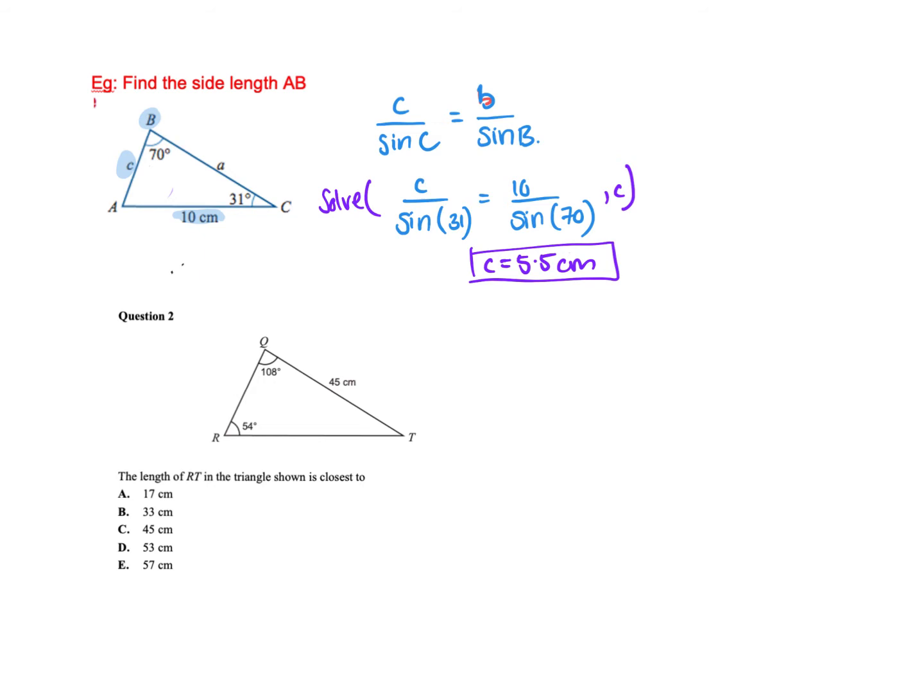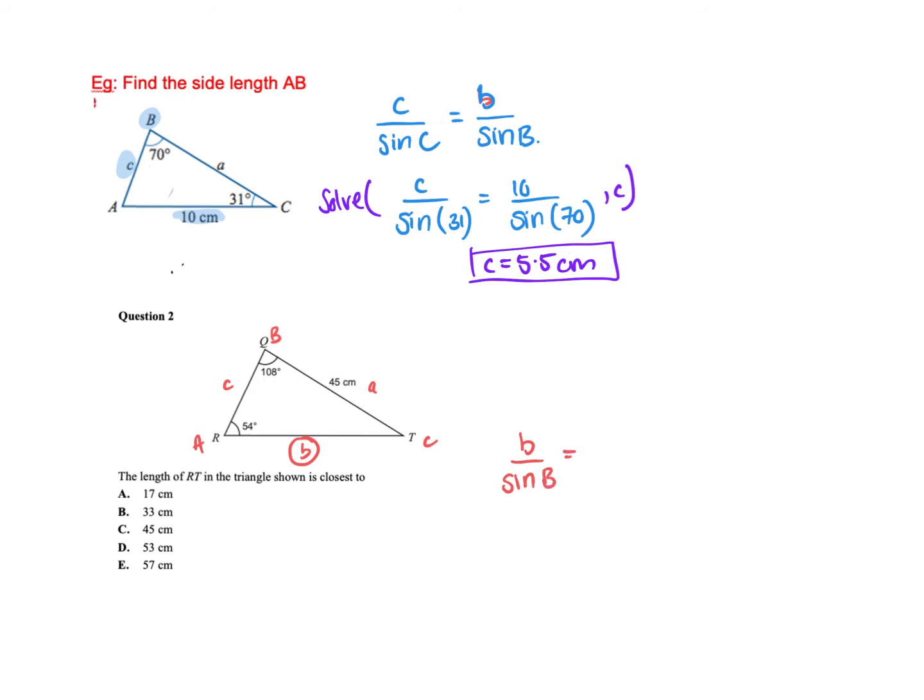All right, so if we go down to this next one, this one was an exam question. It says find the length RT. If you don't want to use the letters they've used and you want to use what we're used to, that's fine as well. So just call them A, B, C if you like, little a, little b, little c. They want me to find RT, which is this one, b. So I'll definitely have to use b because that's the one I need.